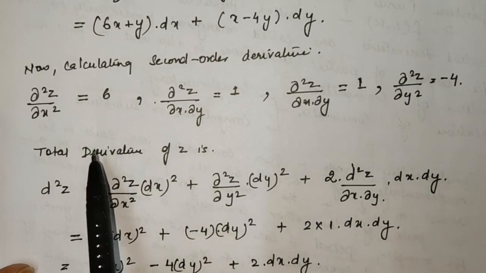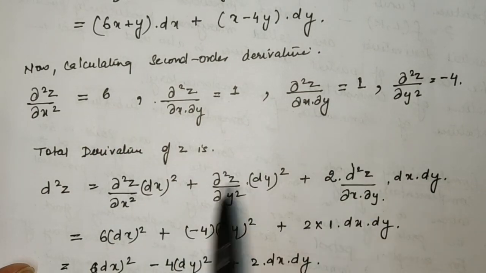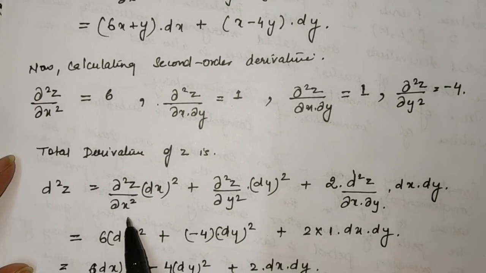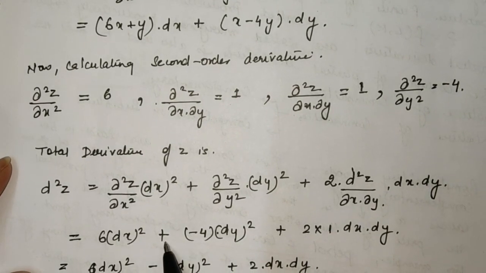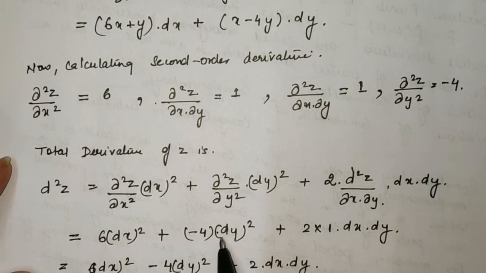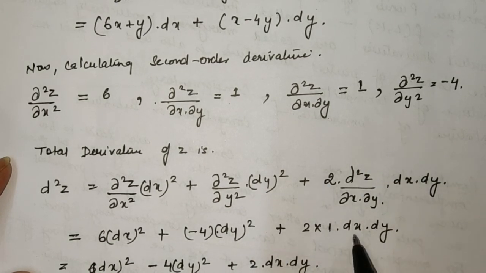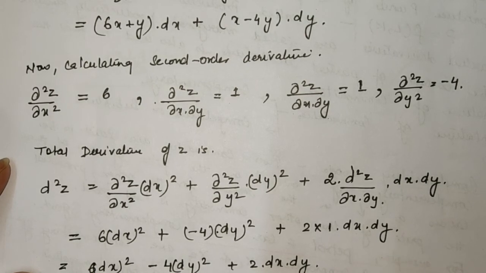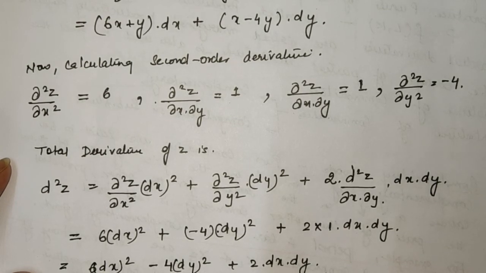We put all the results we have got in this formula. 6 into dx square plus minus 4 into dy square plus 2 into 1 into dx into dy. So our final answer is 6 dx square minus 4 dy square plus 2 dx dy.